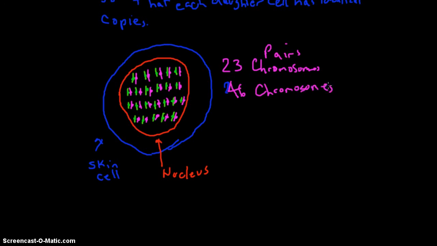So if we count each chromosome, we count the circle, which is a centromere, and there's 1, 2, 3, 4, 5, 6, 7, 8, 9, 10, 11, 12, 13, 14, all the way down. And there's 46 chromosomes.